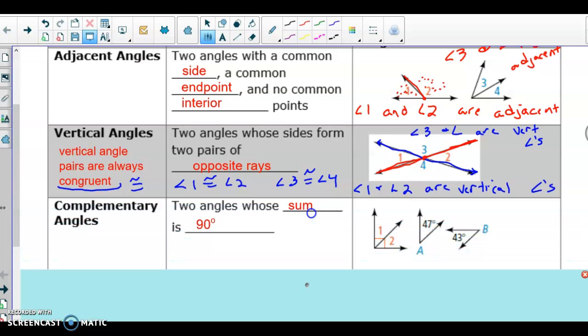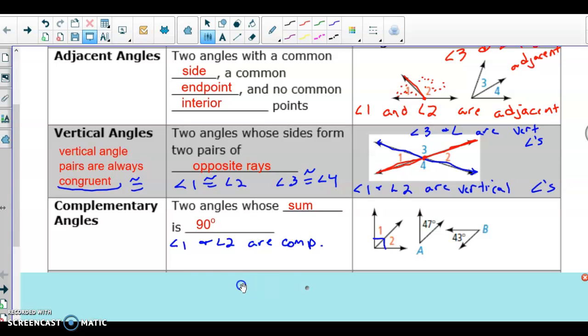Complementary angles. Complementary angles are angles whose sum is 90 degrees. So I have a picture over here. I see this little right angle symbol in the middle. So 1 and 2 are adjacent angles, but together they form a whole of 90 degrees. So they're complementary. Angle 1 and angle 2 are complementary.